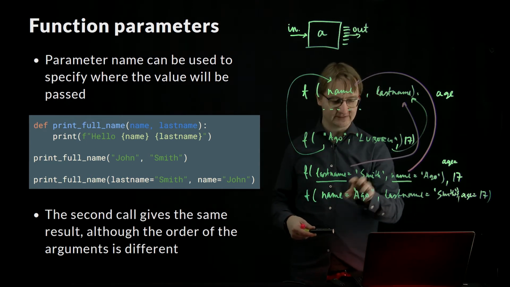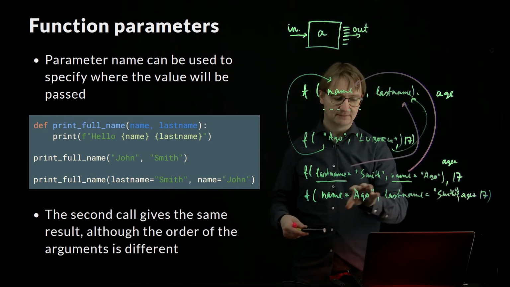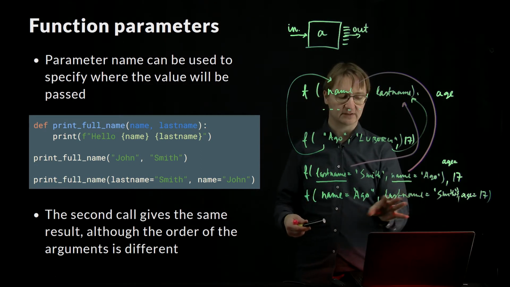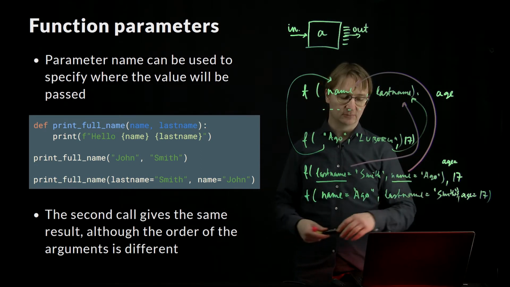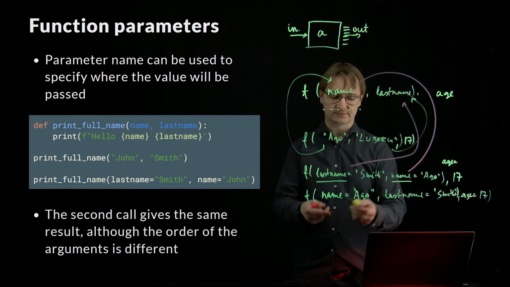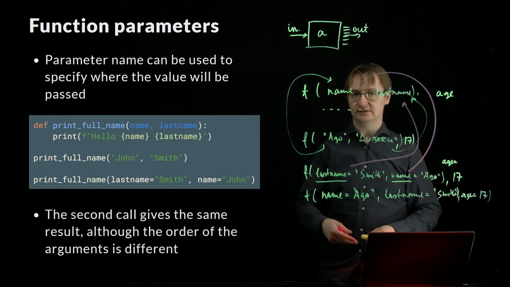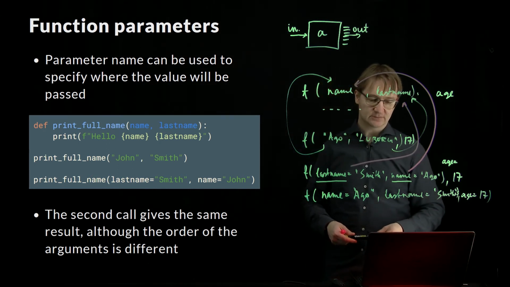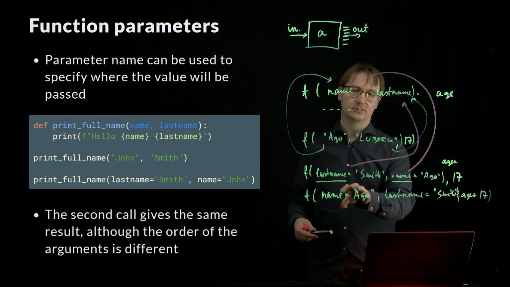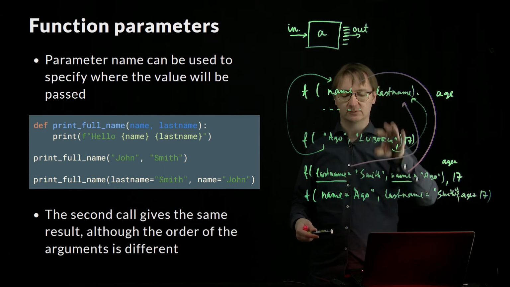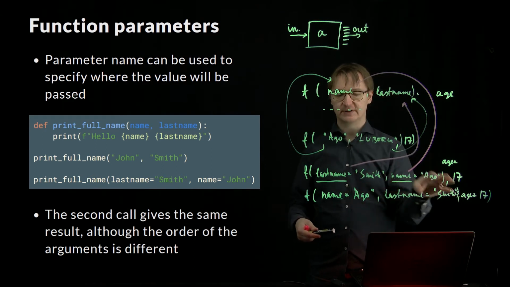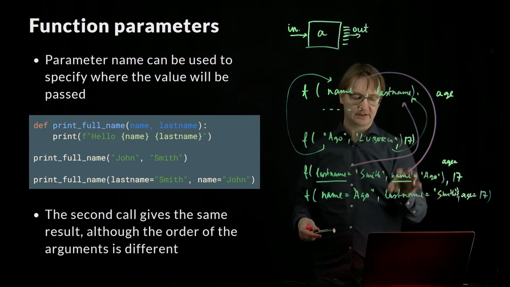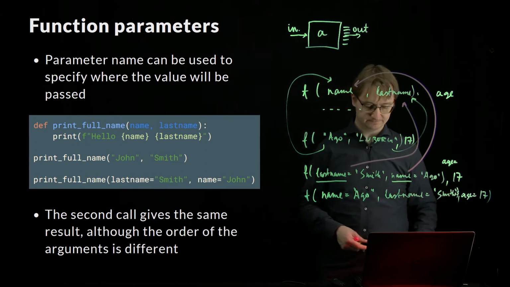But if I specify the names, then by the looks of the code, I can already understand that, okay, the value, I don't know, the location Tallinn, is because I have to pass in the location or the hometown or something like that. So in some cases, even though we don't have to or we don't want to change the order of the parameters, we explicitly say which parameters have which value.